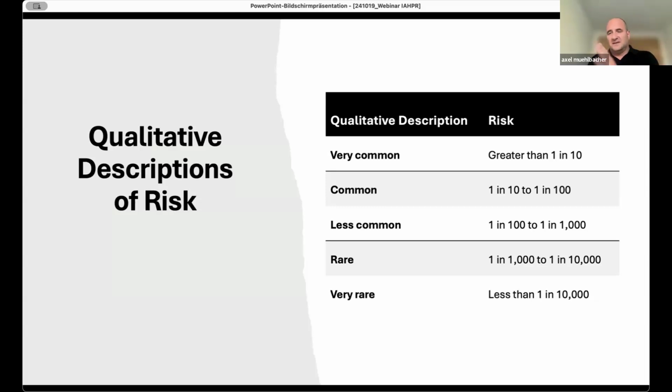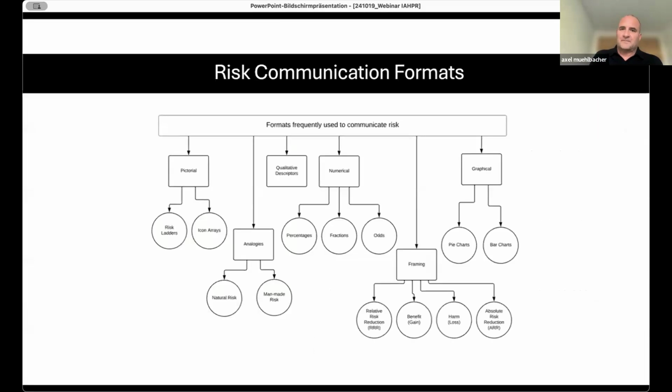So that could be another way in order to document or present risks to a survey participant or to a participant in qualitative research. And even that can get more complicated. And I have to apologize for transferring this chart, which is out of a paper. I didn't put in the source.